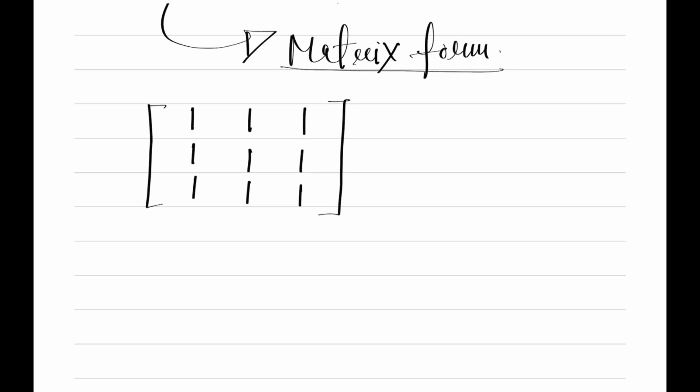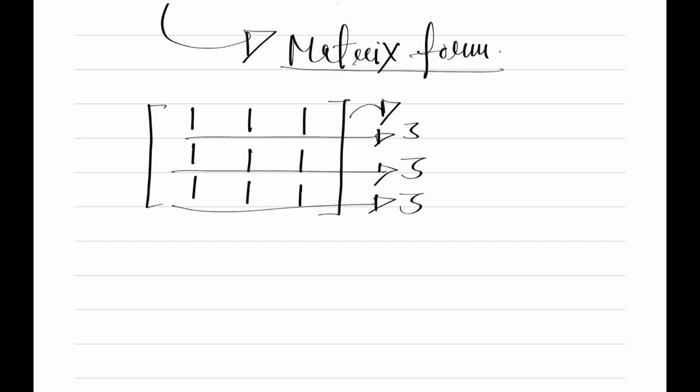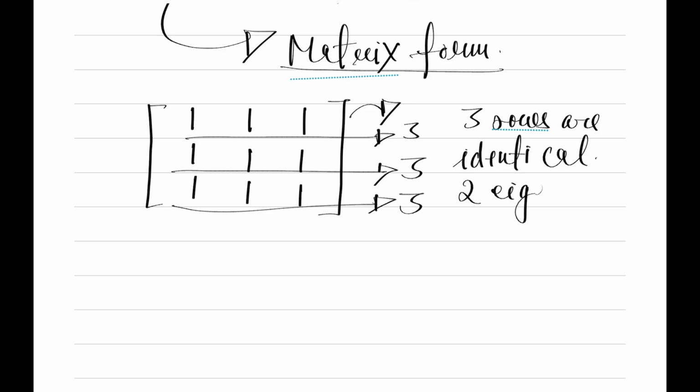Now for this matrix, we have 3 rows. Each row has sum 3. The 3 rows are identical, which means 2 eigenvalues will be 0.